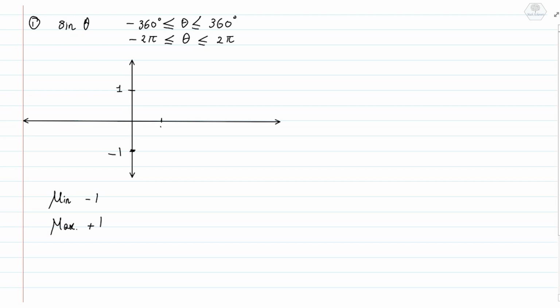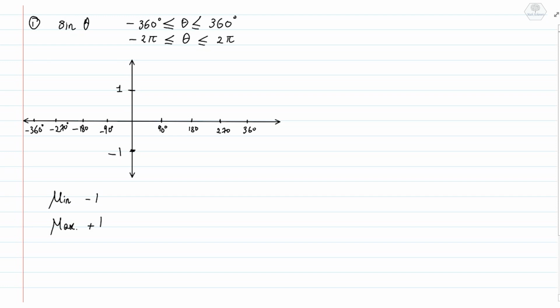This is my 90 degrees. This is 180. This is 270. And this is 360. Here I have minus 90, minus 180, minus 270, and minus 360.